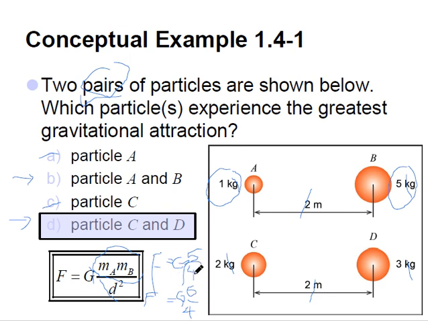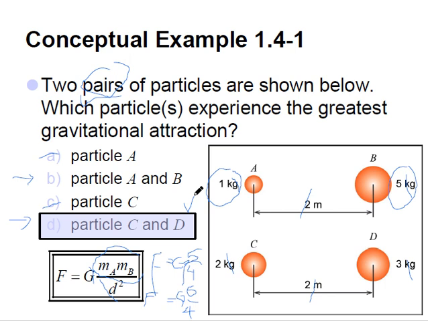So 5 divided by 4 is 1.25, and 6 divided by 4 is 1.5. So therefore, we know that particles C and D are going to give you the greatest gravitational attraction.